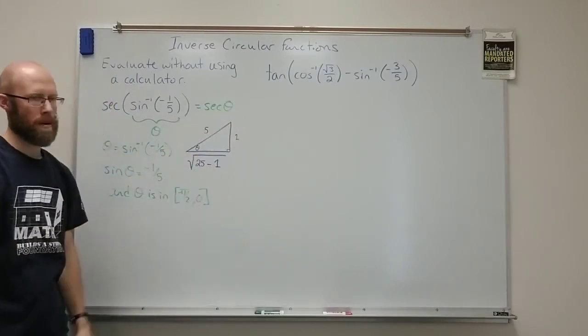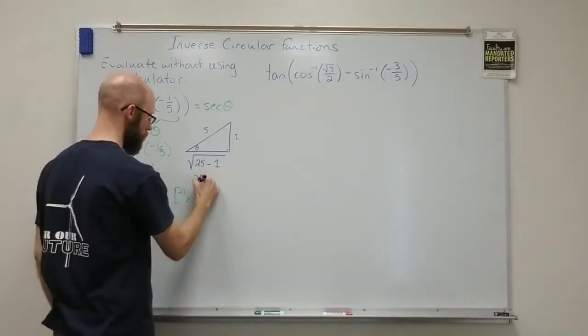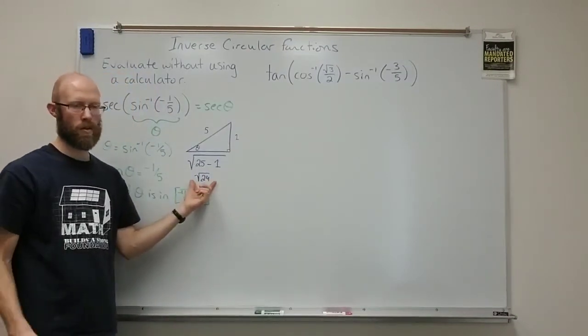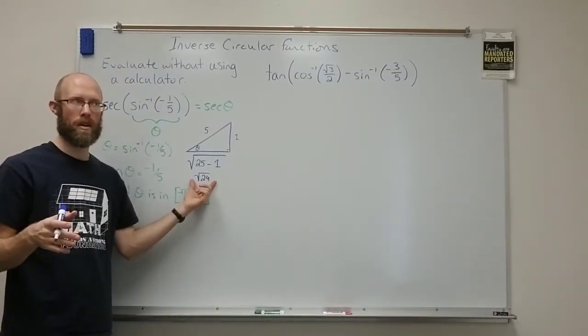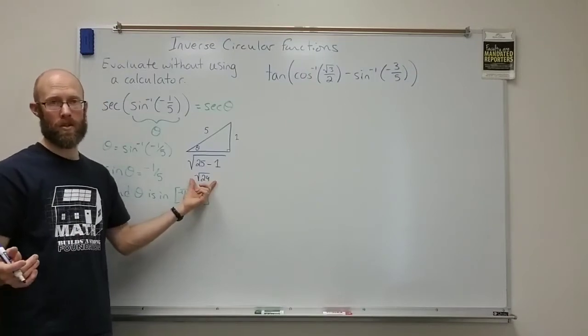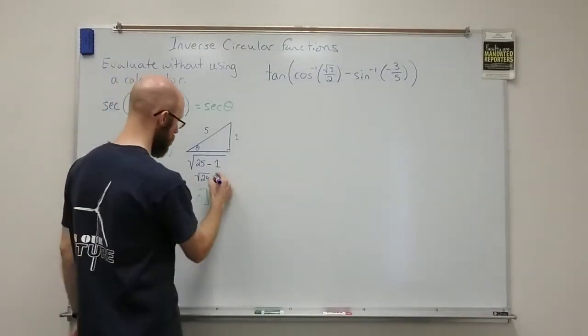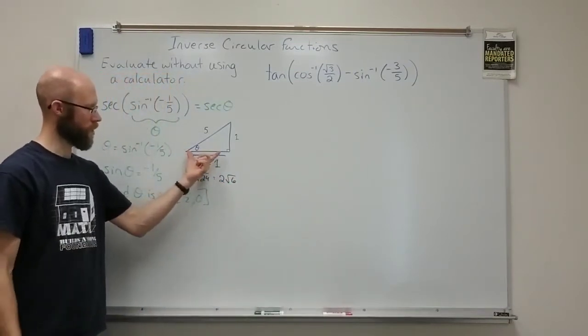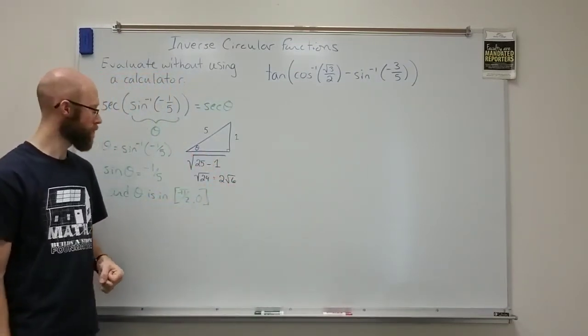The square root of 25 minus 1 is the square root of 24. And that does simplify. 24 is 4 times 6. The 4 will become a 2 when you take the square root, so it'll be 2 times the square root of 6. So this other leg is 2 root 6.